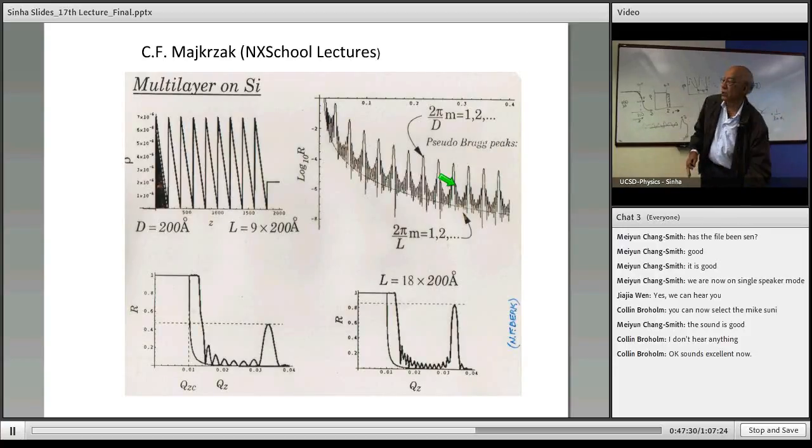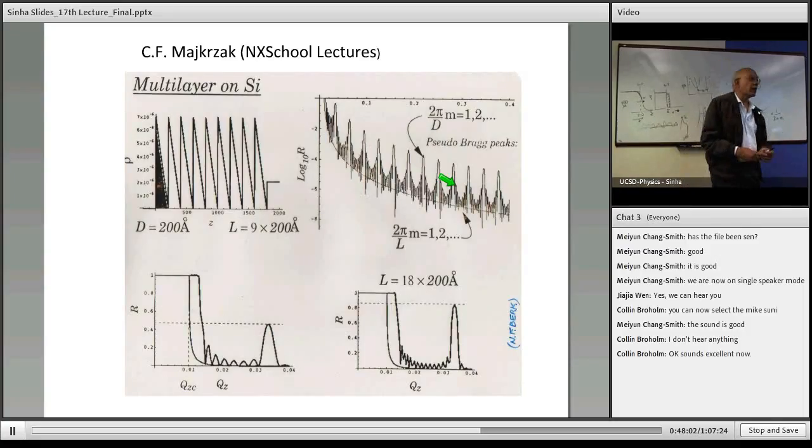So the spacing between these fringes is 2 pi over the thickness of the whole film, the total set of all multilayers, and so they're much closer. And the spacing between these peaks, the orders, is 2 pi over the periodicity of the bilayers. And the reason why they decrease, actually, is because these are not completely smooth. There's a form factor multiplying it, which is going to modulate it as a function of QZ.